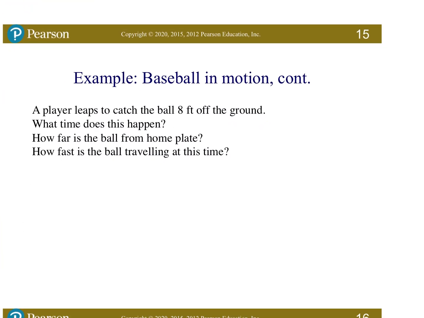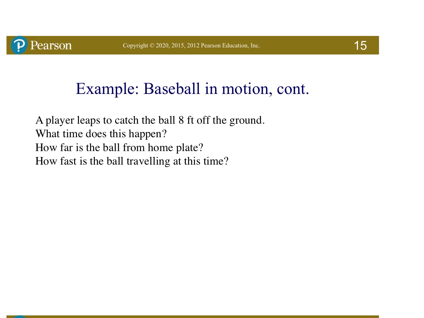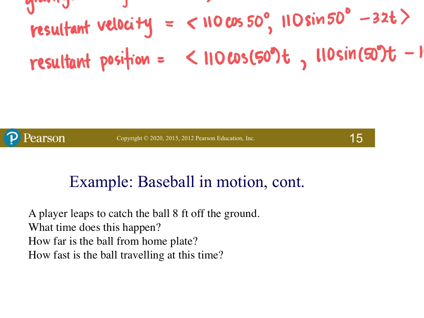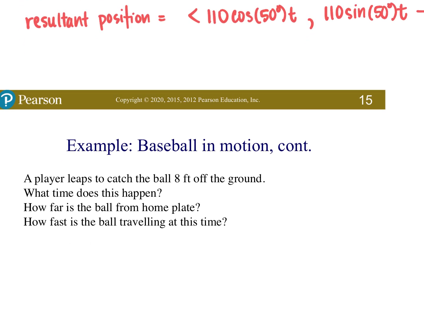Okay, now the player leaps in the air to catch the ball 8 feet off the ground. And so that is related to the position of the ball. And because the player is leaping to catch the ball 8 feet, that's a vertical distance.